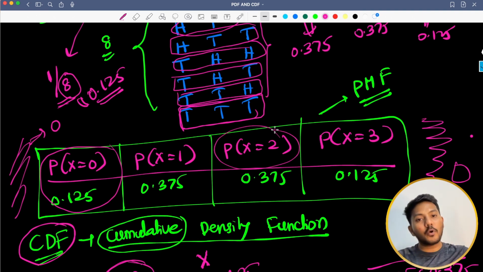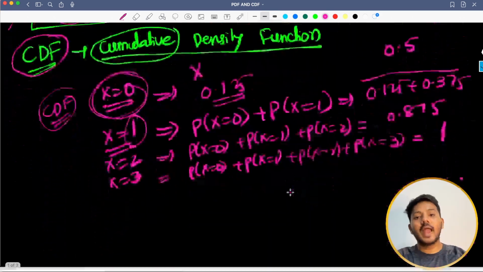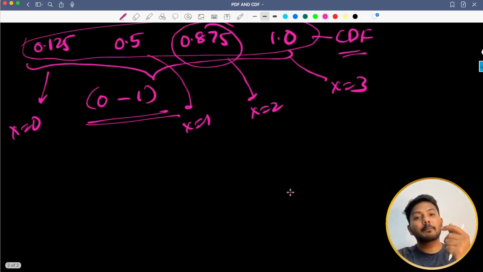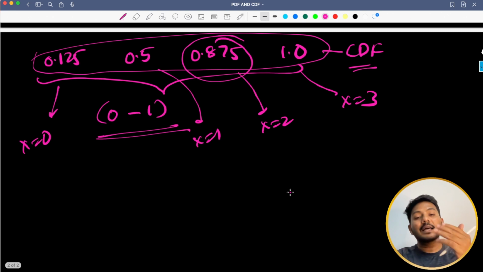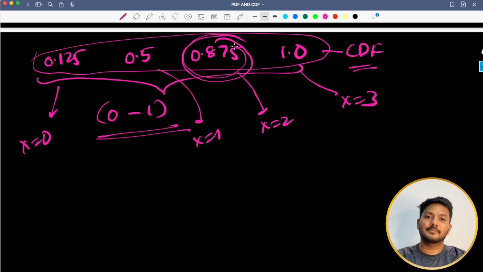It is not 2.1 heads, 3 heads, 4 heads. It is exactly 2 heads. The probability of having exactly 2 heads when you toss 3 coins is 0.375. And what the CDF says is the probability of having less than or equal to 2 heads when you toss 3 unbiased coins is 0.875. Clear? So that is the intuition of CDF.